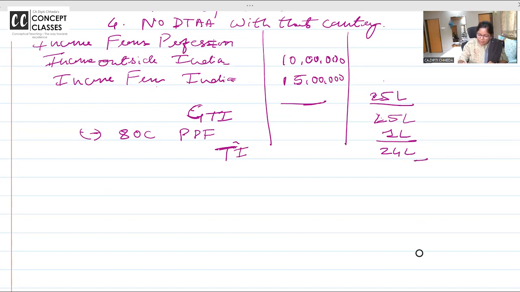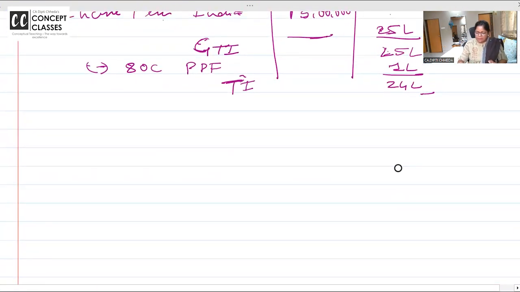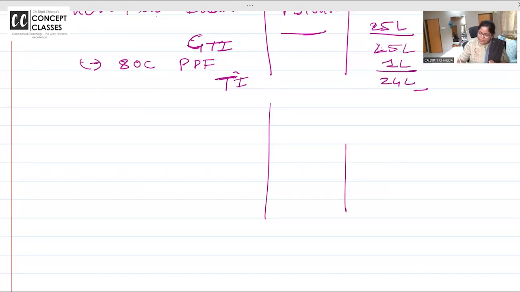What is the tax on 24 lakhs? You have to calculate. Calculate the tax on 24 lakhs. Do you all know how to calculate the tax on 24 lakhs? Then give the answer faster than me.